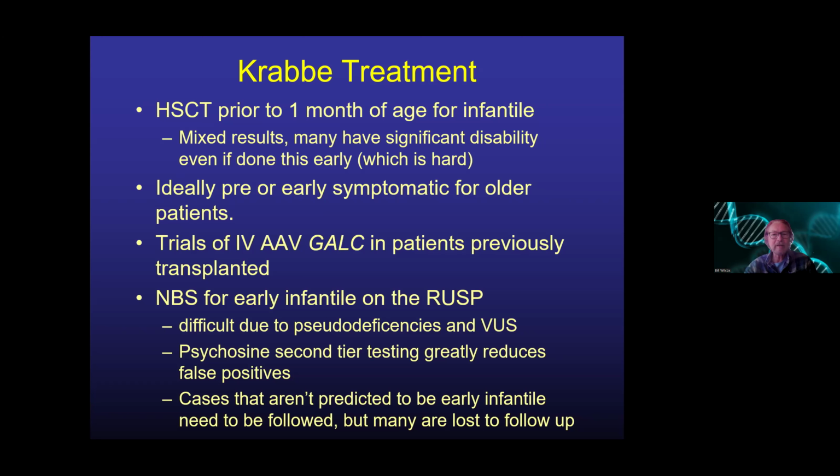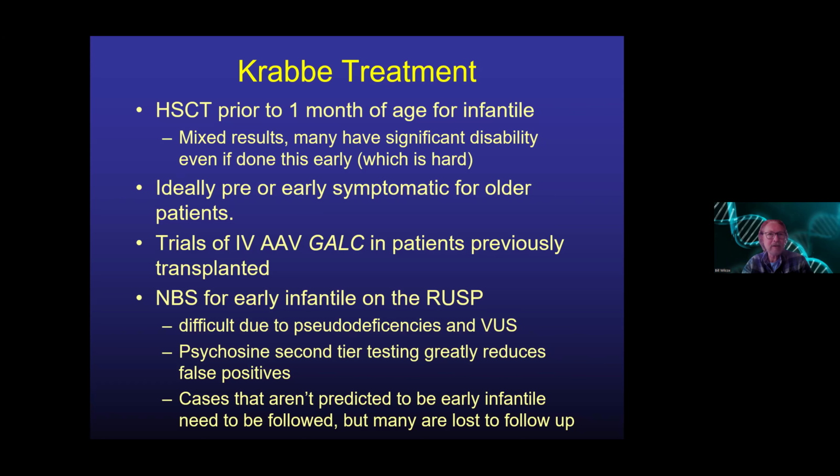To get the newborn screening, to do the confirmatory testing, even if you put them in the hospital right away, which we do, and do all the pre-transplant assessments and talk to the family and have everything ready to go and deal with all the insurance issues for a transplant. Trying to get everything done within a month is a challenge. So you have to prepare for this ahead of time.